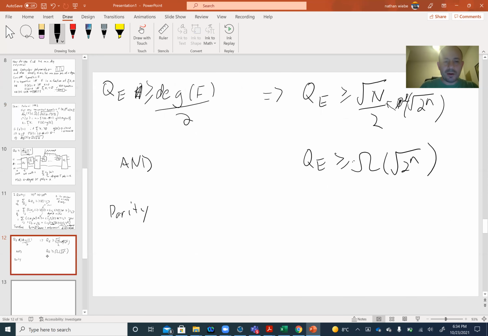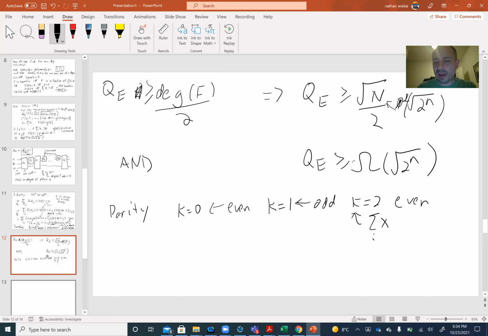Now with parity, what we have is that parity is a weird function, because if we have k equals 0, then this is even. K equals 1, this is odd. K equals 2 is even parity, where k again is just the sum over i of the xi's.